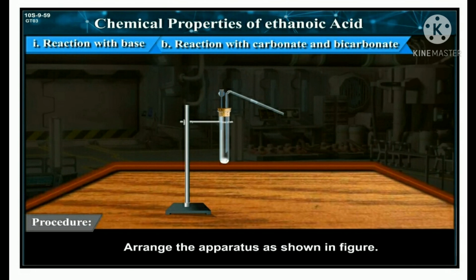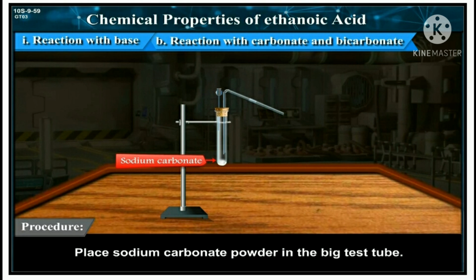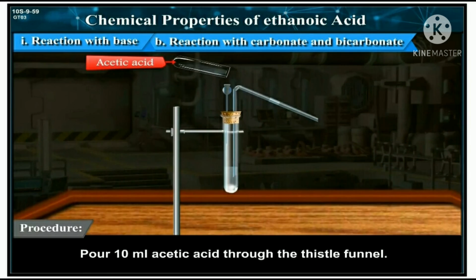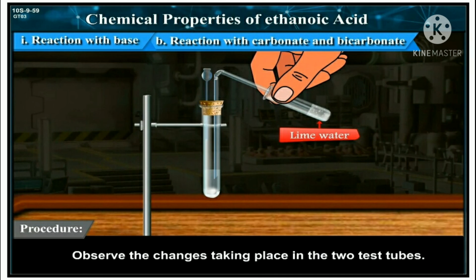Procedure: arrange the apparatus as shown in the figure. Place sodium carbonate powder in the big tube. Pour 10 ml acetic acid through the thistle funnel. Observe the change taking place in the two test tubes.